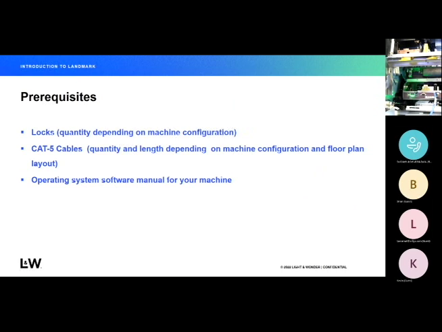When it comes to locks, it really depends on the machine configuration, or better yet, what your jurisdiction requires. Some jurisdictions require only one lock on certain things. Some require two. With this cabinet, I'm pretty sure it's gone through all of the locations as far as testing, and based off the locks we have on there, we can accommodate two locks for your cash box access door.